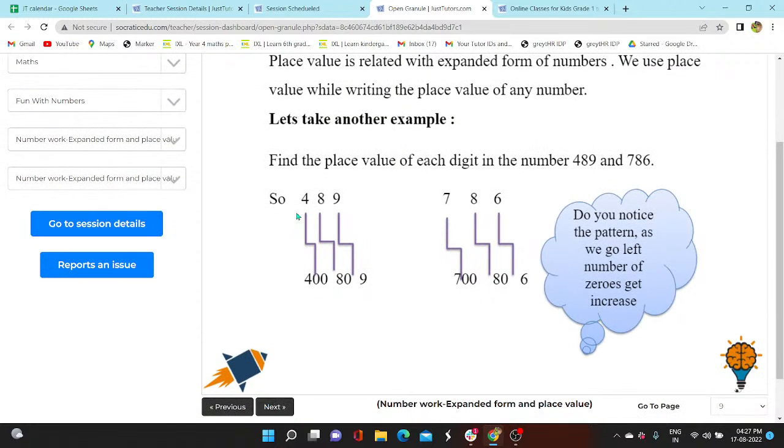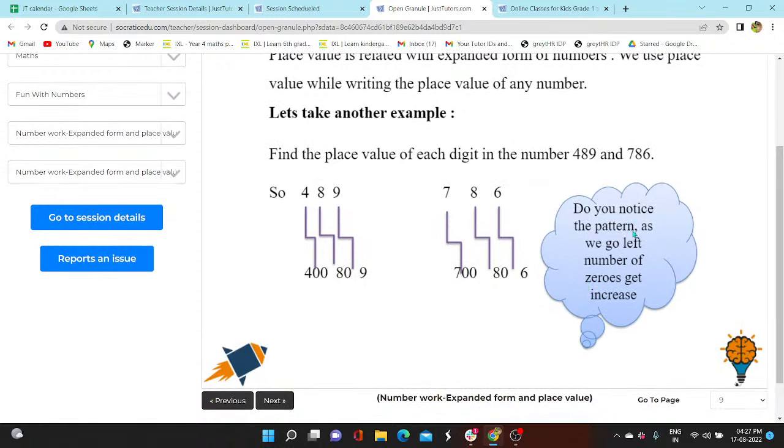If I start with 489, 4 is in the hundreds column, so 400, 8 in the tens column, so 80, and 9 in the ones column, so we have 9. In the same way, we have 7 in the hundreds column, 8 in the tens column, and 6 in the ones column. So we call it 786.